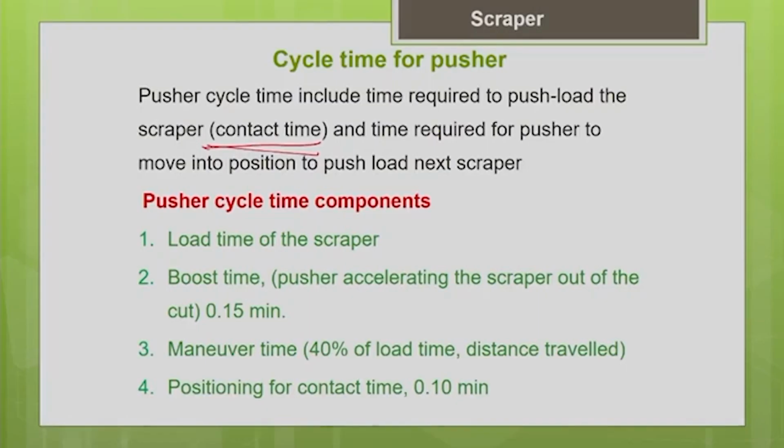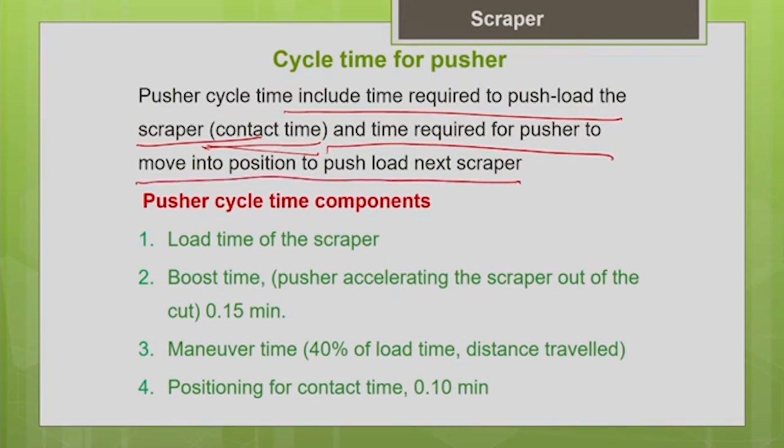Okay, so all these things make up the cycle time of the pusher. Pusher cycle time includes the time required to push load the scraper, that is its contact time with the scraper during its loading phase, and apart from that, the time required for the pusher to move into position to push load the next scraper. So depending upon your site, it has to travel and spot another scraper and get ready to push it. Okay, this makes up the pusher cycle time.